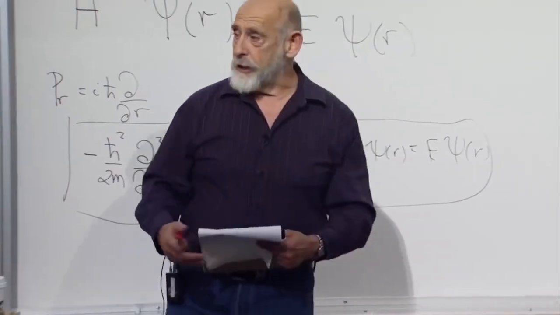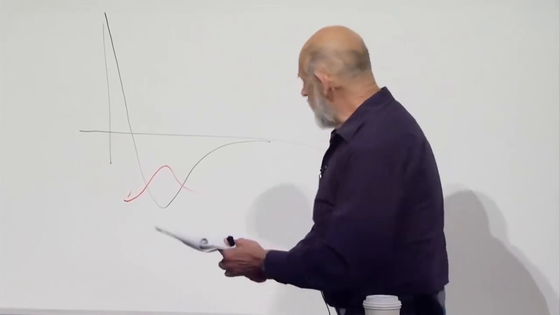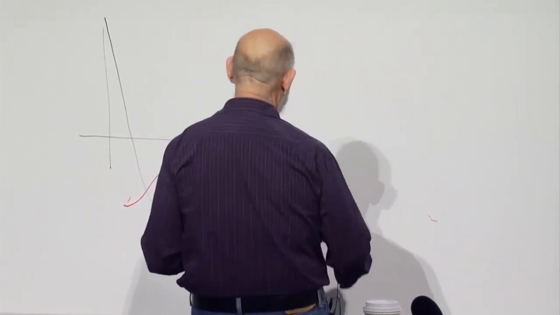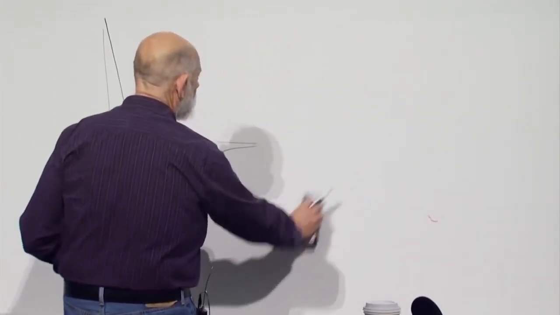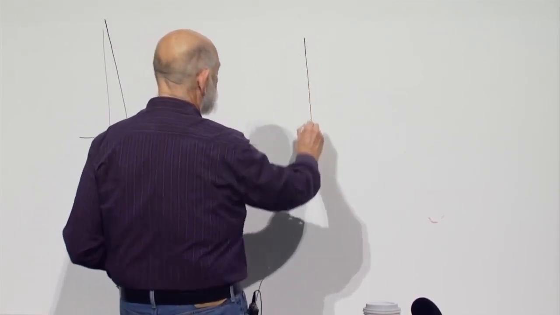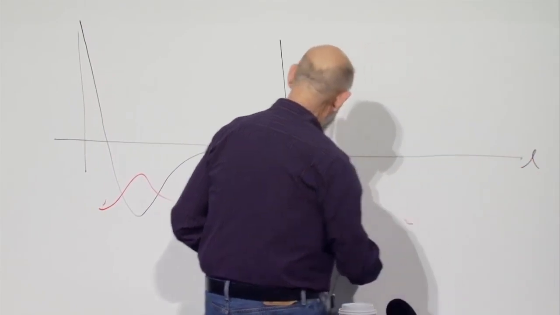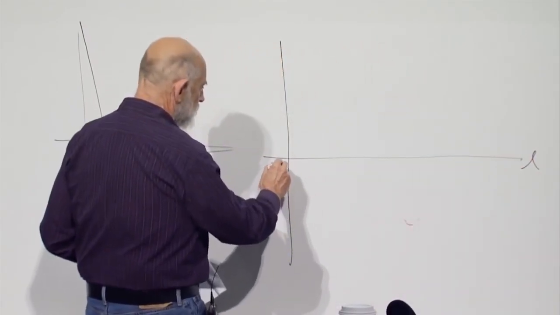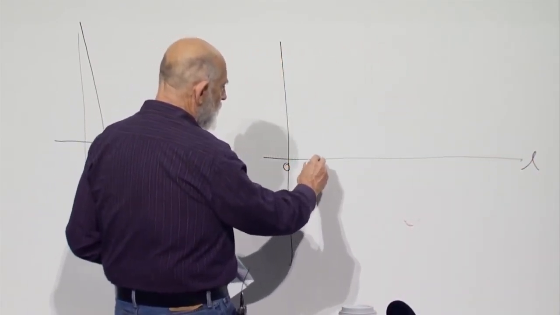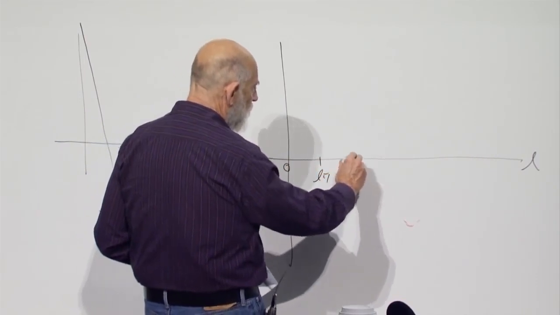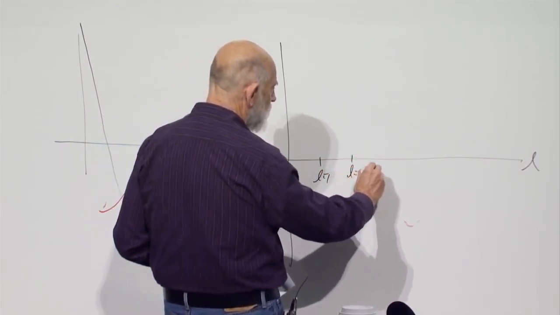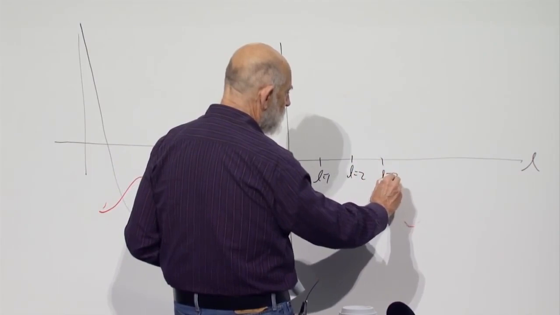Let's plot horizontally the different angular momenta. The little l's. L equals 0, L equals 1, L equals 2, L equals 3, and so forth.